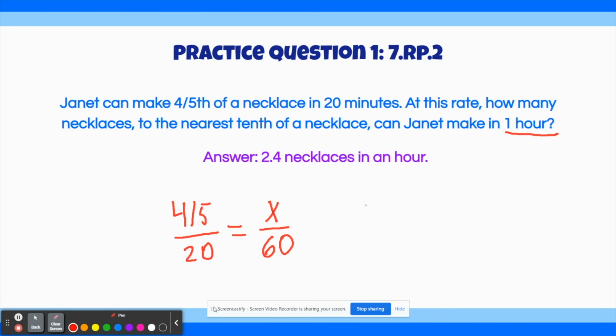Now we can simplify this by cross-multiplying, like this. 20 times x is 20x, and 4 over 5 times 60 equals 240 over 5.